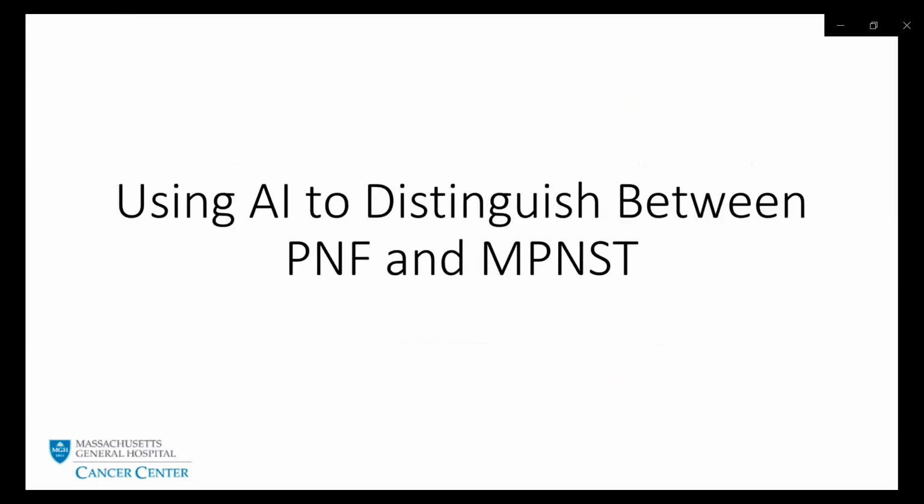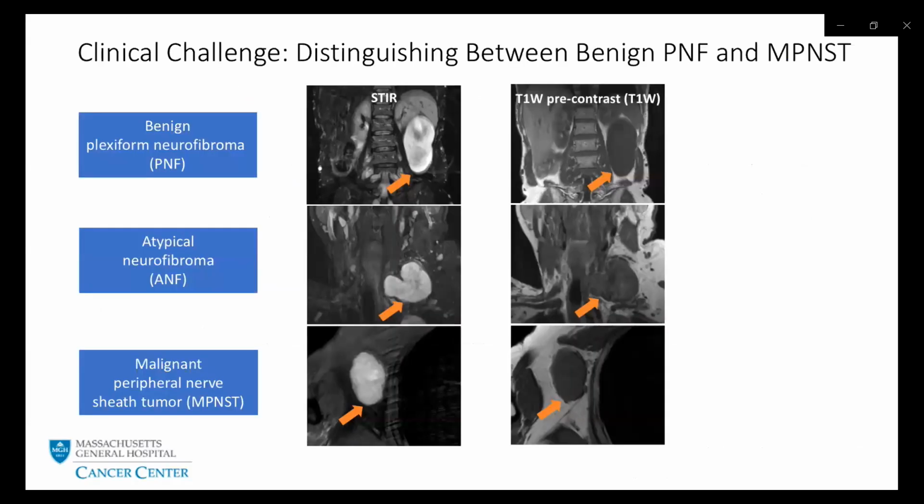So as mentioned, one of the major questions that we have been trying to address is, can we use AI to better distinguish between benign plexiform neurofibromas and MPNST? As I already alluded to, peripheral nerve sheath tumors in NF1 exist on a spectrum.